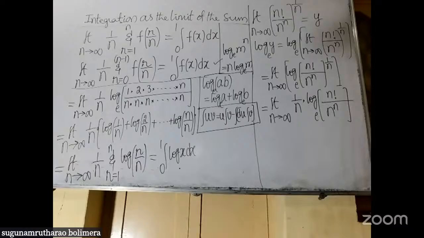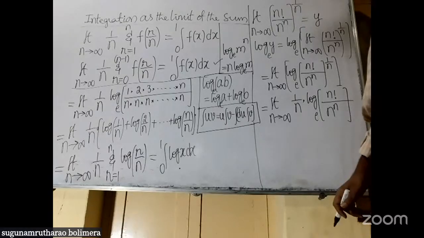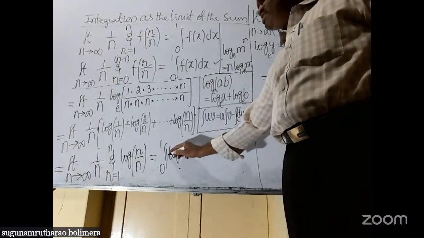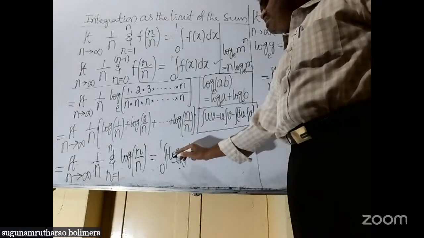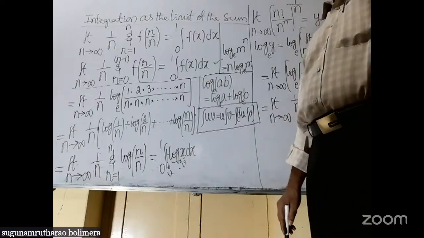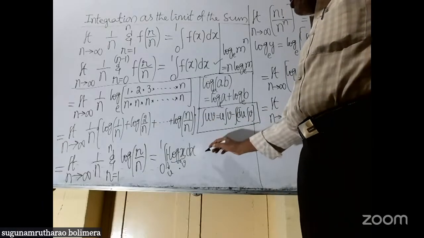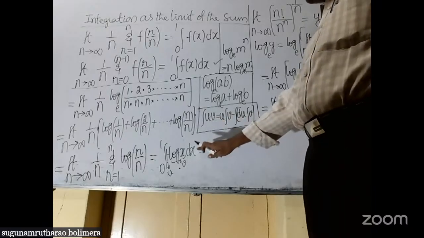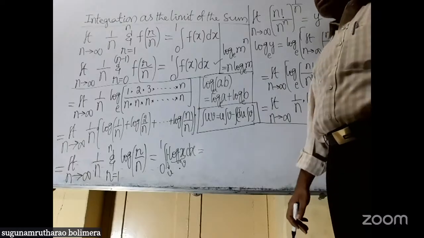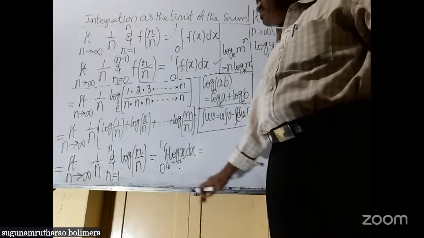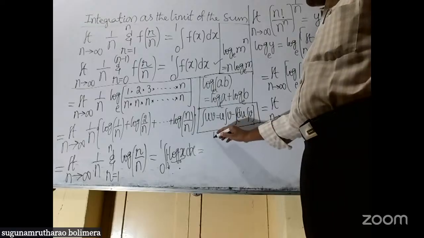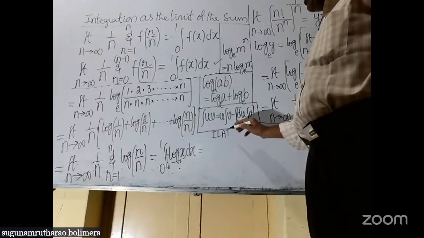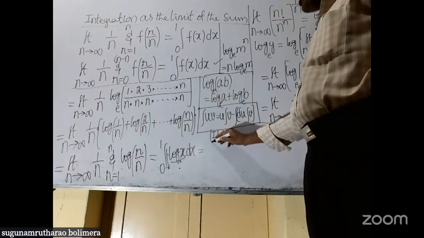Here we use the ILATE formula: I for inverse, L for logarithmic, A for algebraic, T for trigonometric, E for exponential.